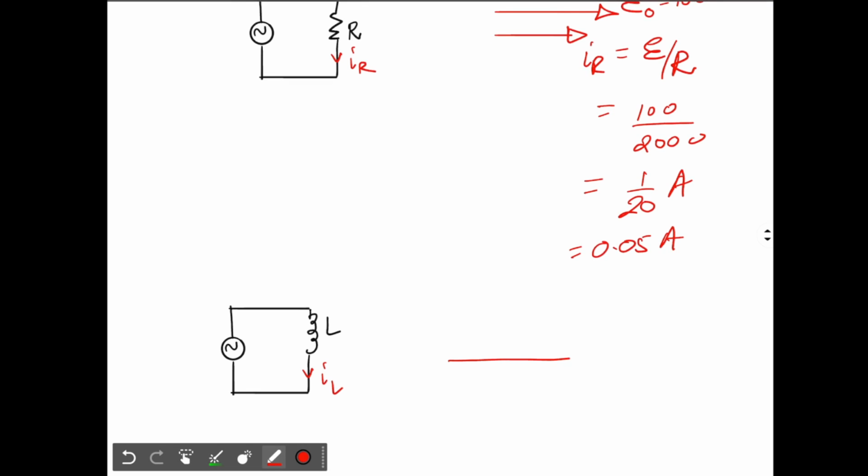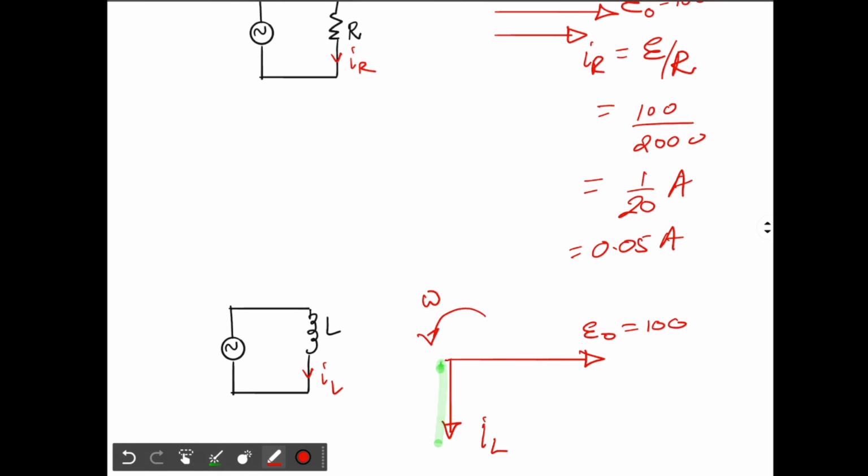If this is again the EMF phasor, which is 100 volts amplitude, then the current through the inductor lags the EMF by pi by 2. If my phasors are rotating with omega in anti-clockwise direction, then the EMF phasor is leading the current phasor.